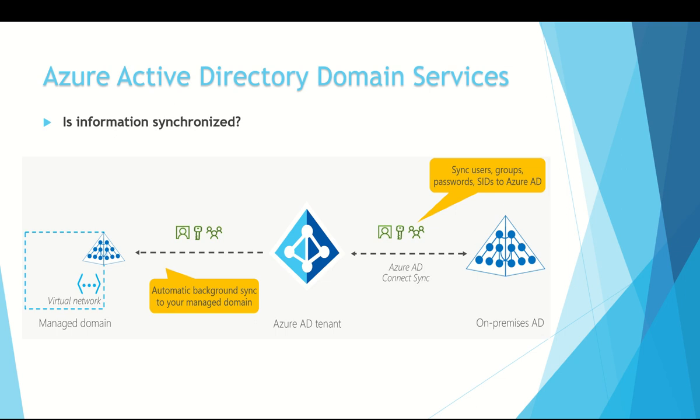In a hybrid environment with an on-premises Active Directory Domain Services environment, Azure AD Connect synchronizes identity information with Azure AD, which is then synchronized to the managed domain. So pretty simple to understand here. This picture shows how it works, how it synchronizes.